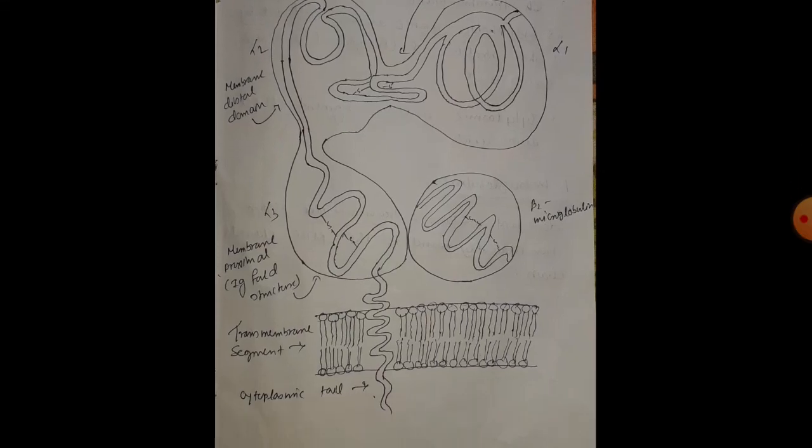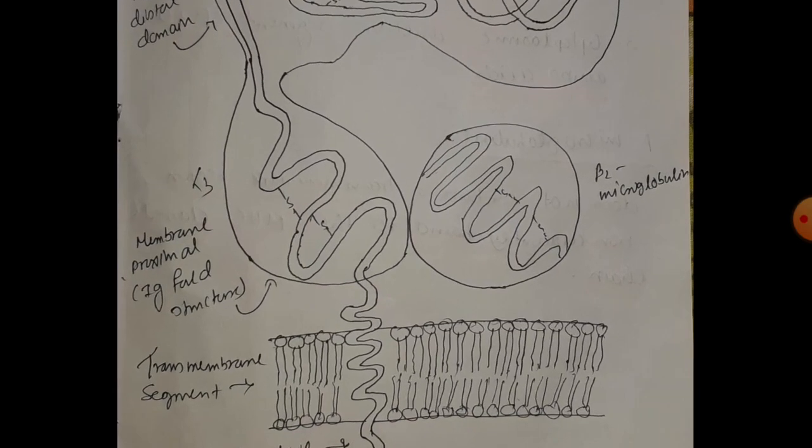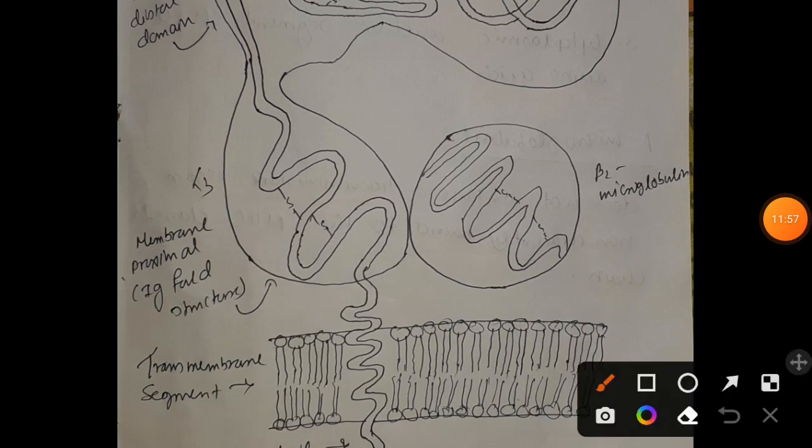Now what do you think, which one is more important, class 1 alpha chain or beta 2? Try to answer it. Let me tell you that beta 2 microglobulin is more important, because if beta 2 microglobulin is not produced, class 1 alpha cannot be expressed on the cell membrane. Remember it very carefully.